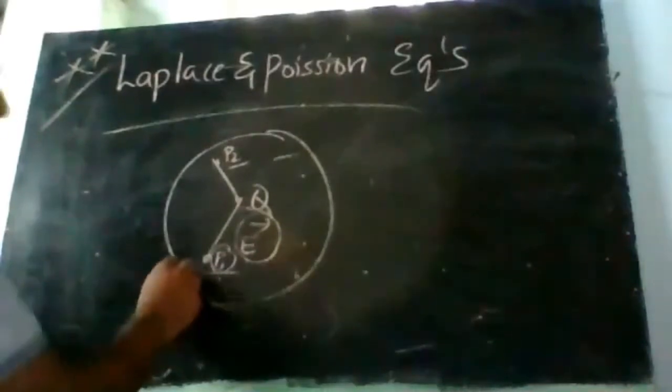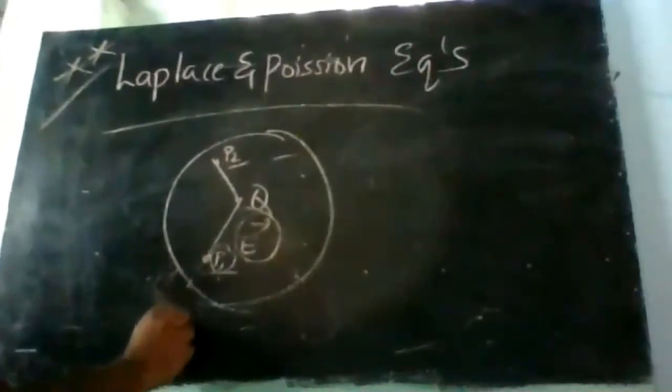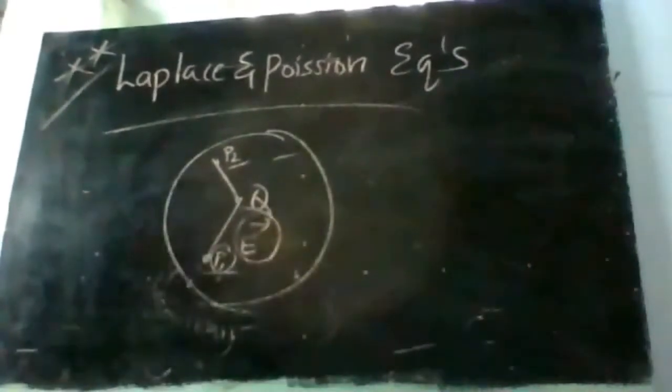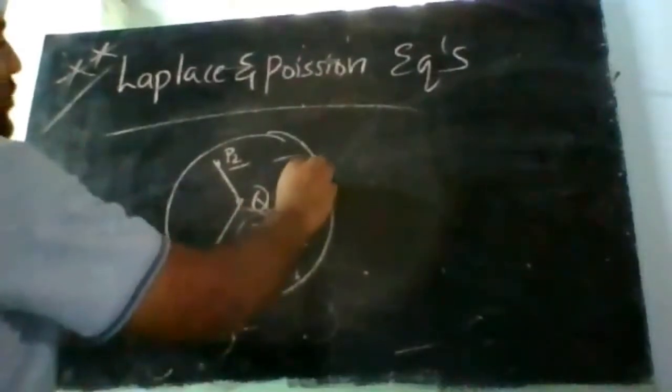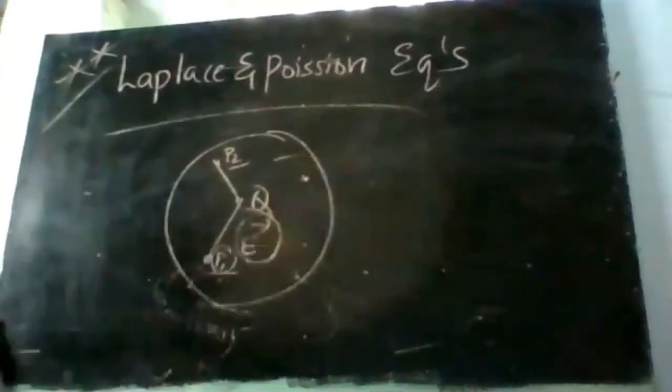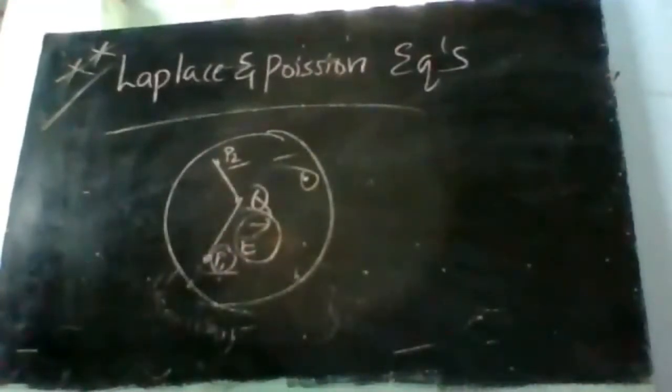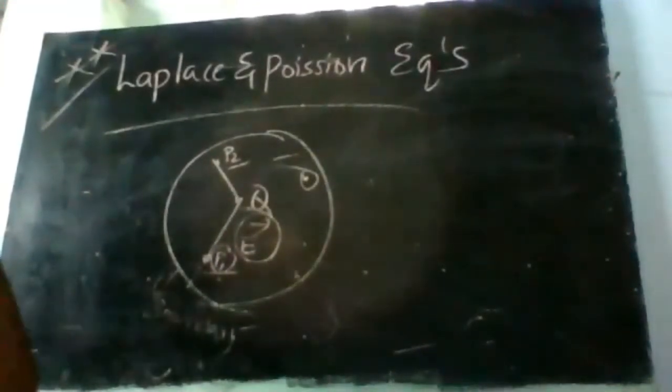Generally, those points are called boundary points. If I know the electric field or potential at a particular point, then using Laplace and Poisson's equations we can calculate the electric field or potential at any other point.